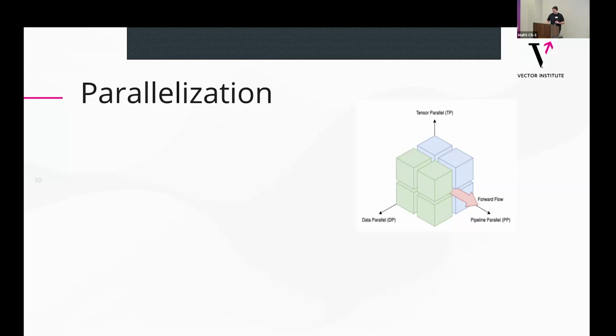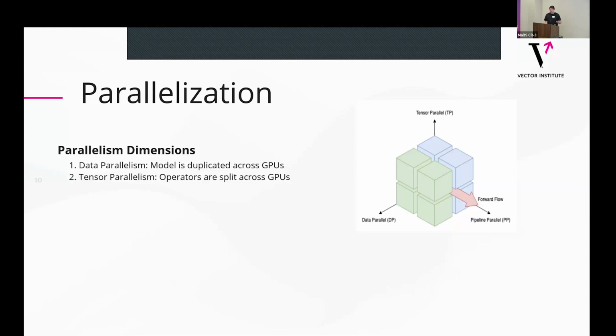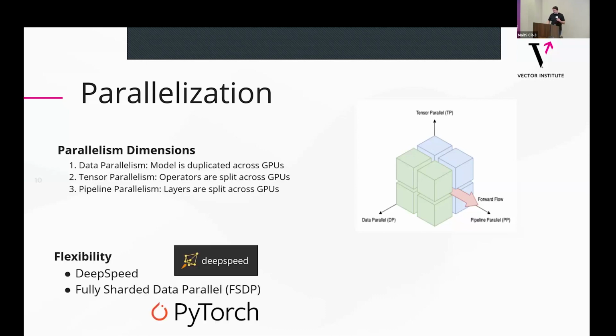I won't get into this in too much detail in this talk, but you might be familiar with some of these techniques. There's data parallelism, where your model is duplicated across GPUs. There's tensor parallelism, where you're splitting operators across GPUs. Pipeline parallelism, where you're splitting layer-wise across GPUs. There's all kinds of different approaches to this.